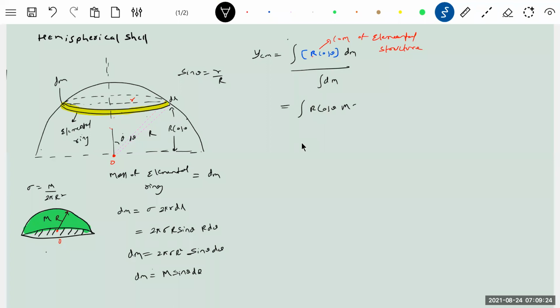So dm is m sine theta d theta, divided by the integral of dm, which will be the total mass. So we'll go for sine theta cos theta d theta. Now let me adjust: 2R by 2m, 2 sine theta cos theta d theta.